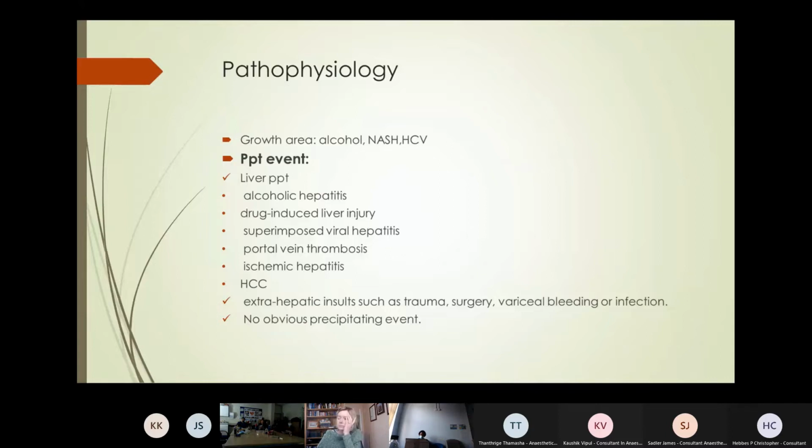So think of doing such tests, and it has a poor prognosis. It could be a reactivation of an underlying hepatitis B or C virus or E virus. Other precipitating factors could be portal vein thrombosis, ischemic hepatitis, hepatocellular carcinoma.